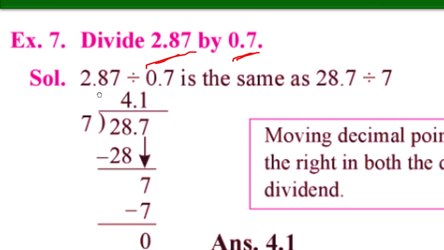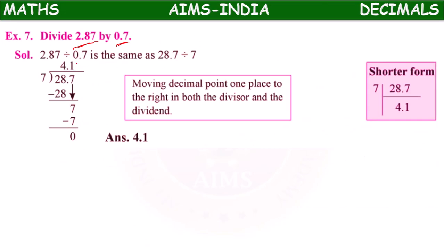Here, 2.87 divided by 0.7. 2.87 is the dividend, 0.7 is the divisor. Here the divisor is a decimal number. So moving the decimal point one place to the right, 0.7 becomes 7, since the 0 after it doesn't have any value.